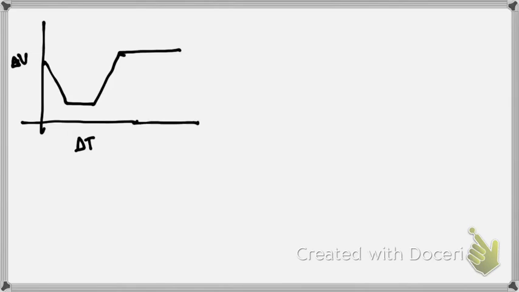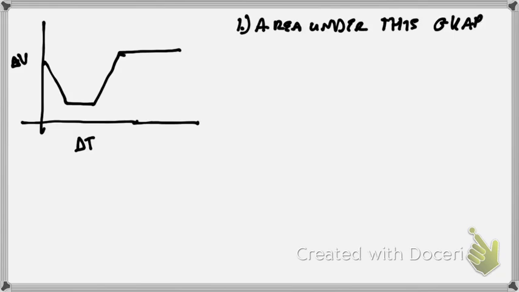And this change in velocity graph also shows similar results, right? Here, the number one thing you should know is that the area under this graph has meaning.